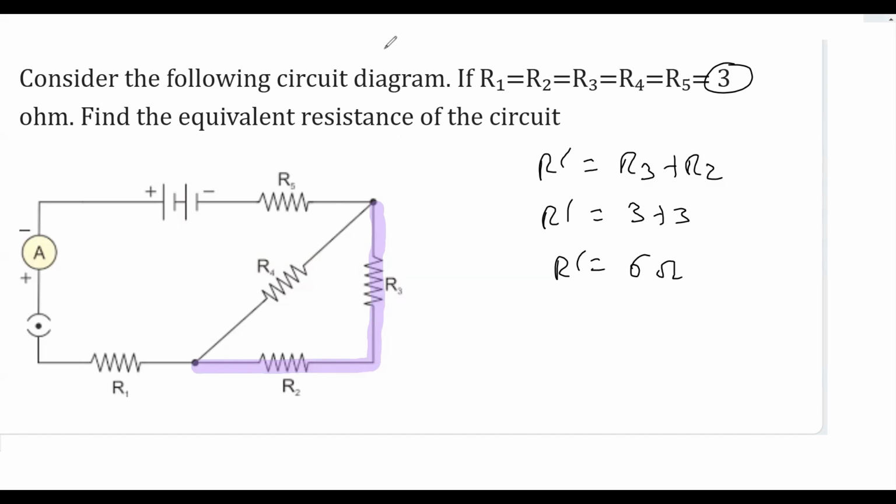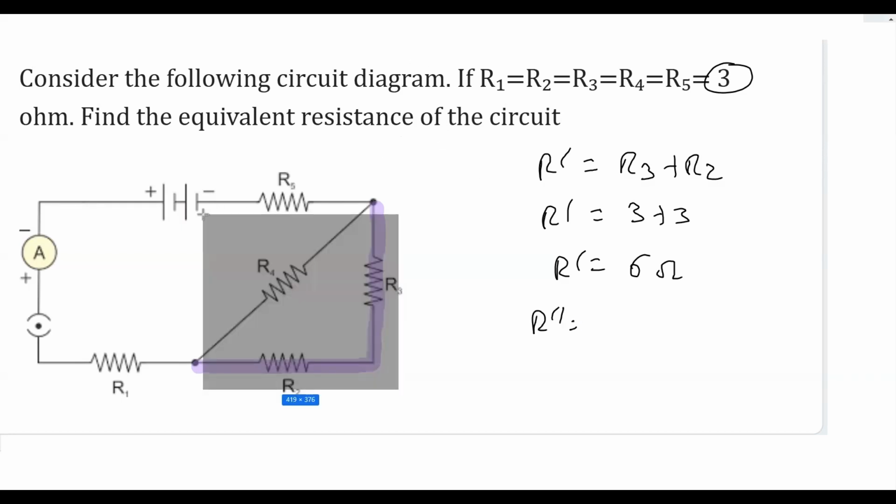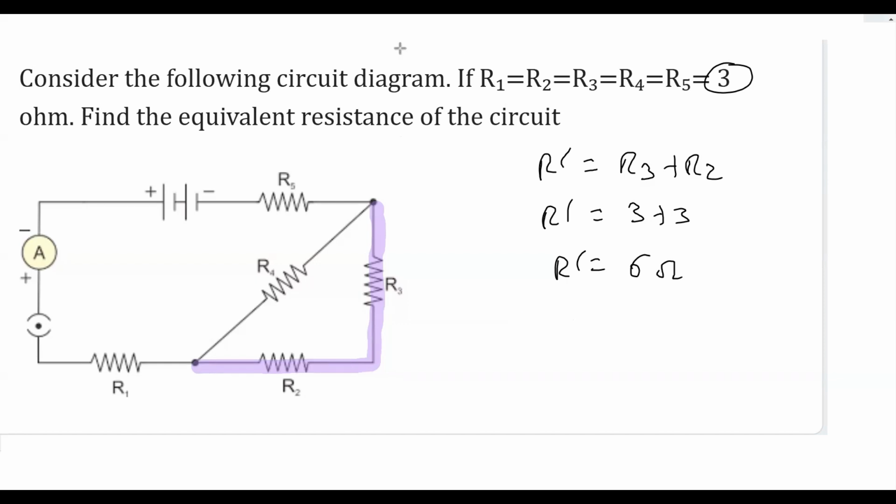You can figure it out once more. If you remove this, current continues to flow in R dash, or if I remove this R dash, the current continues to flow in R4. So if I say that R double dash is the resistance for this whole part, as they are connected in parallel, 1 over R double dash is equal to 1 over R dash plus 1 over R4.